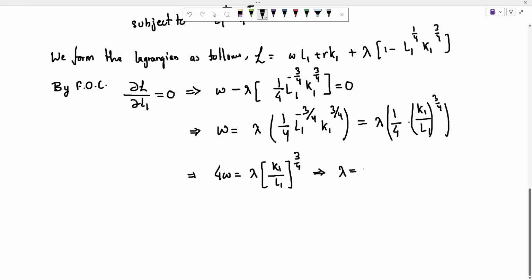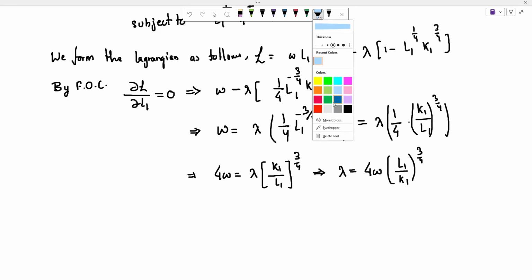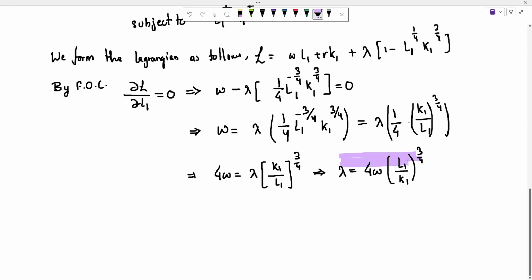Lambda is going to be 4 times wage and L1 by K1 to the power 3/4. So this is one thing that we have.